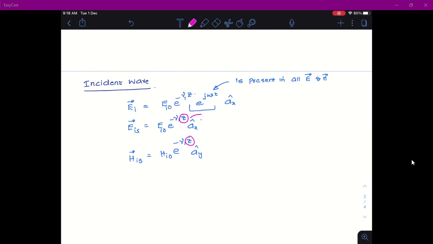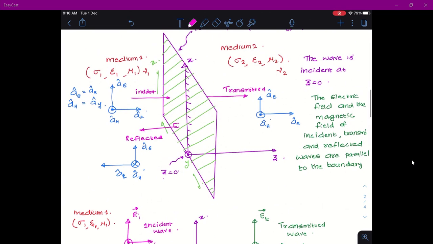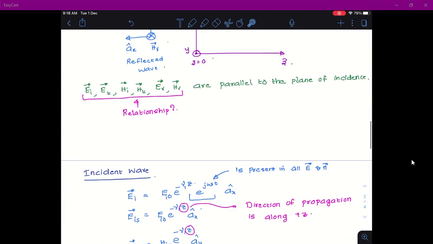Because the direction of propagation is along positive Z. Or you can say Ak cap is equal to Az cap. You see Ak cap is along Z direction. Z direction is like this and Ak cap is like this, so it is along Z direction.